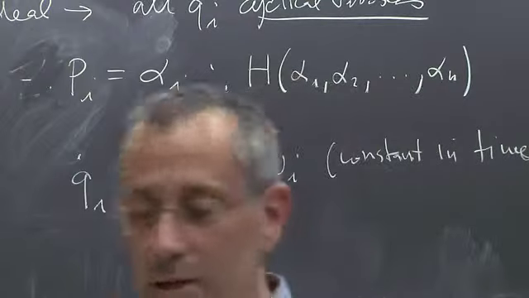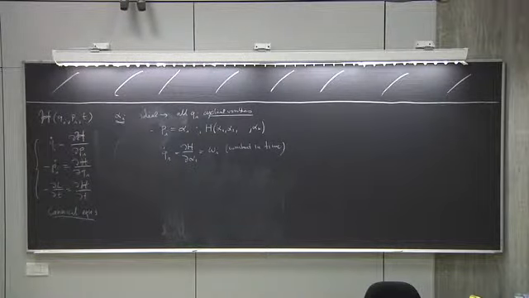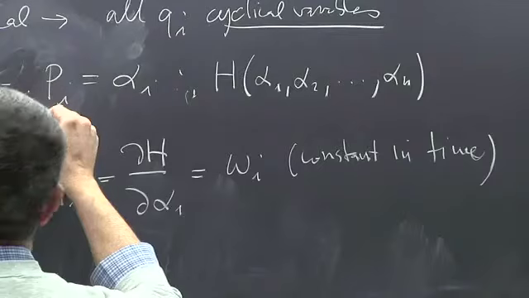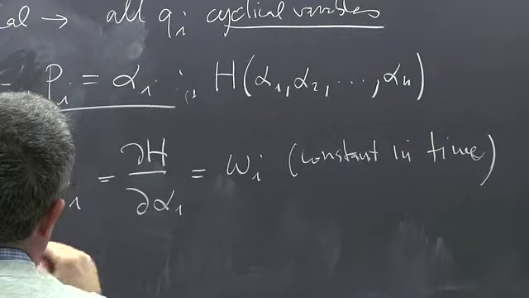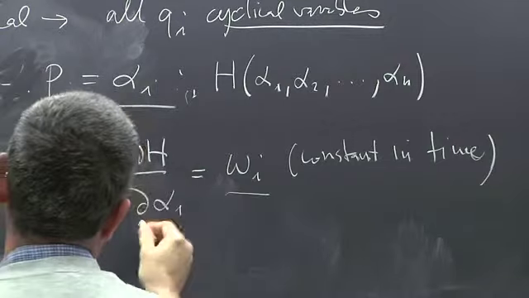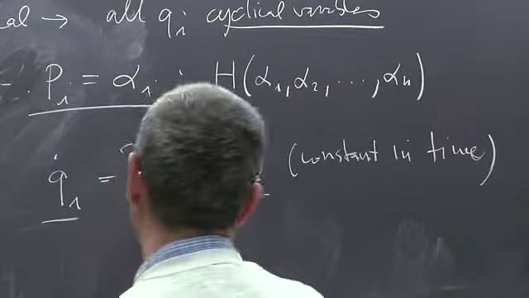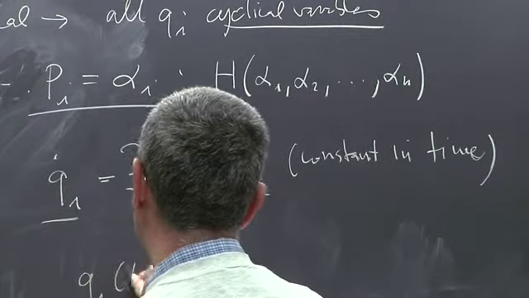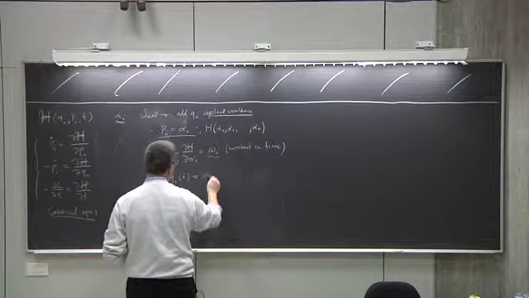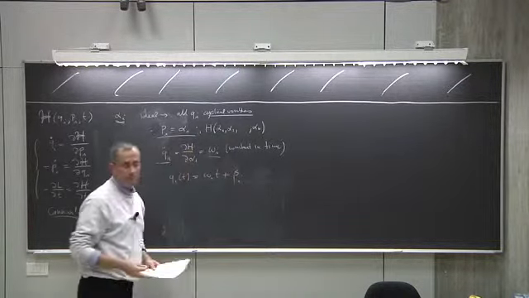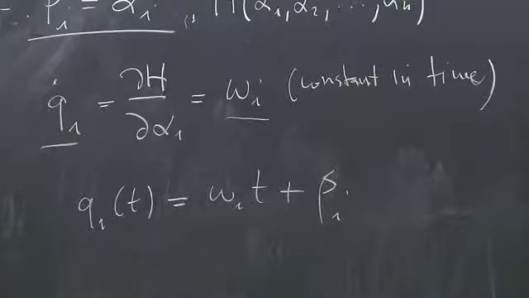This is really the best of all possible worlds, because this is a trivial equation, and this too is as trivial as that, because you can integrate immediately. Qi as a function of t is just omega i t plus maybe some integration constant that is another constant that I call beta. So you have solved the problem.